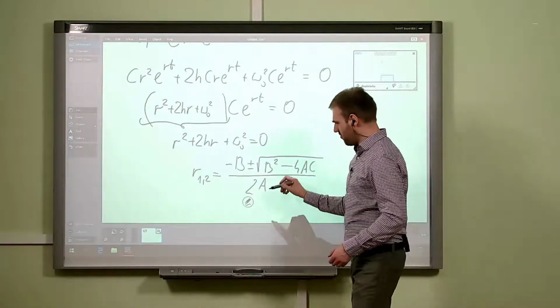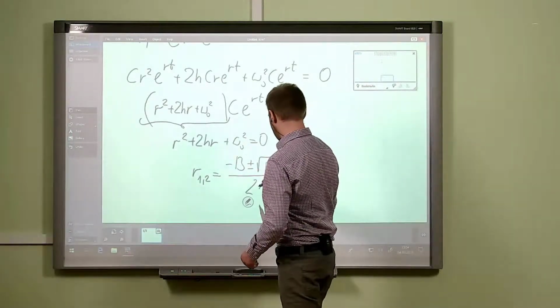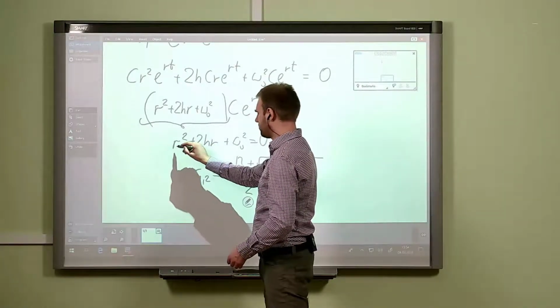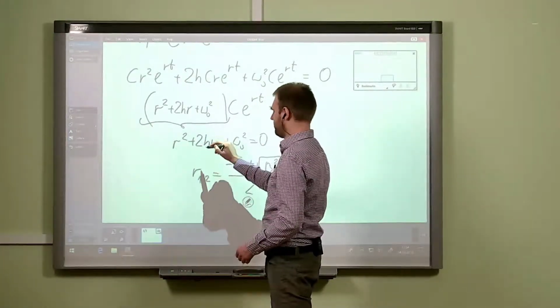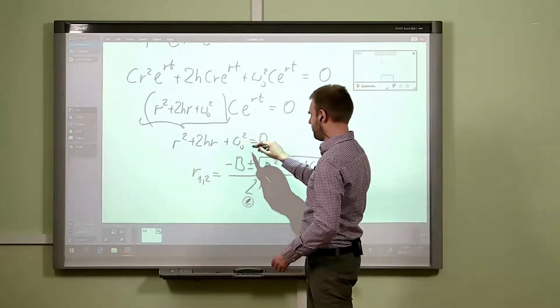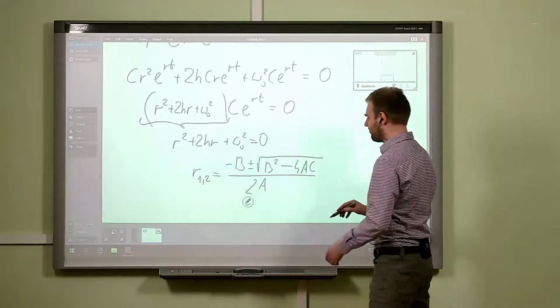And we remember from the theory of quadratic equations that a will be the factor of r squared, b the factor of r, and c the factor of r to the 0, I mean the free term.